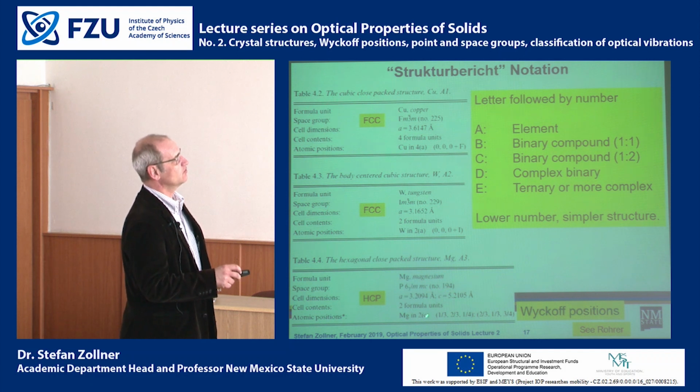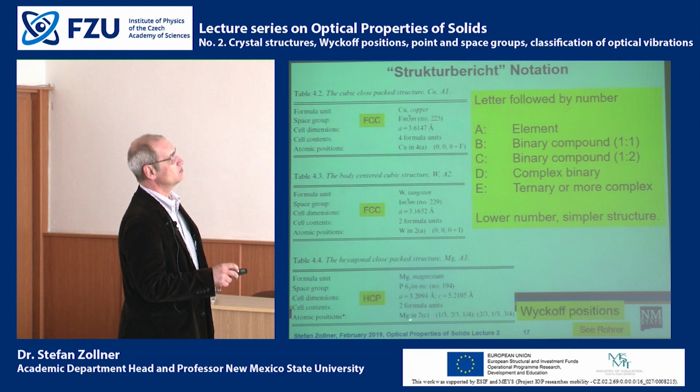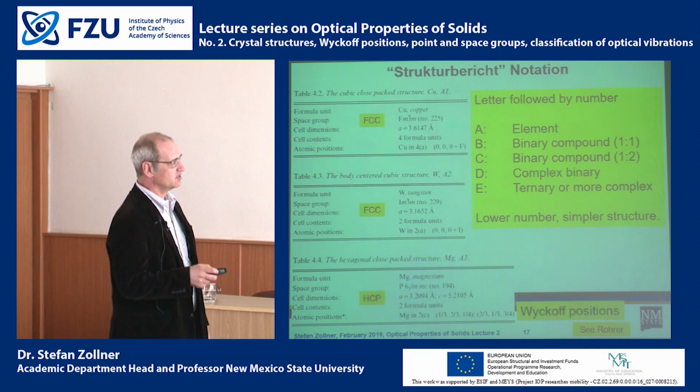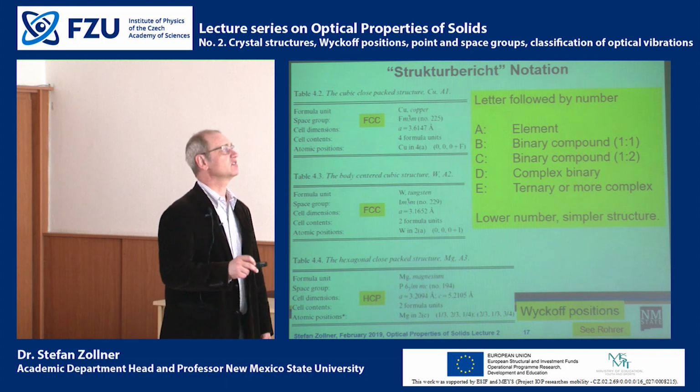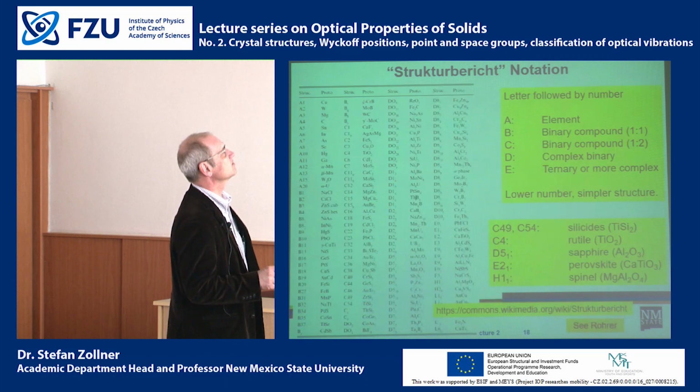And because I have 2 formula units, I need to put the magnesium in 2 different positions. 1/3, 2/3, 1/4, 2/3, 1/3, 3/4 along these axes. So using these Wyckoff positions, I have specified my basis, and therefore I have uniquely defined what the crystal looks like.